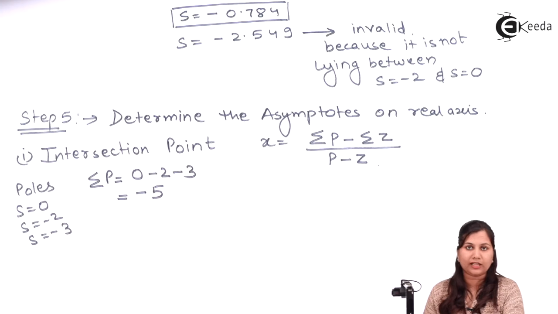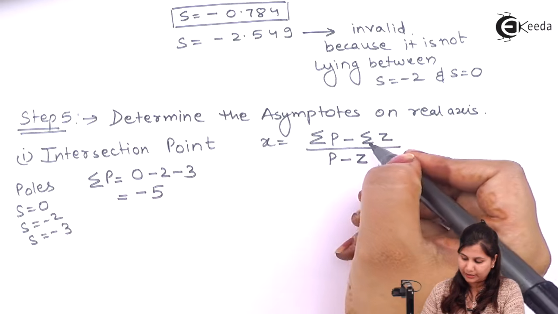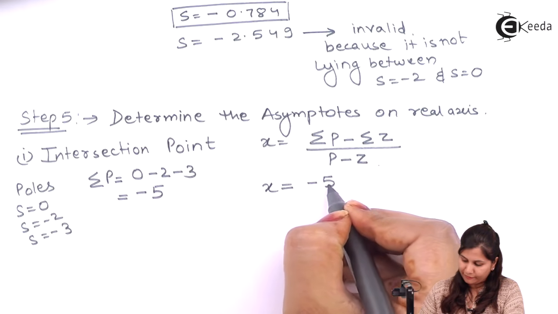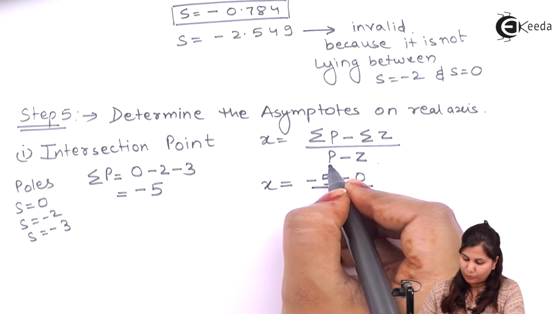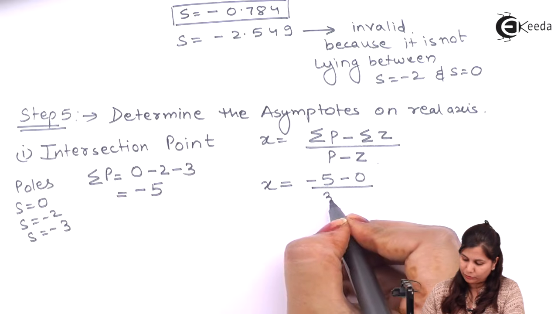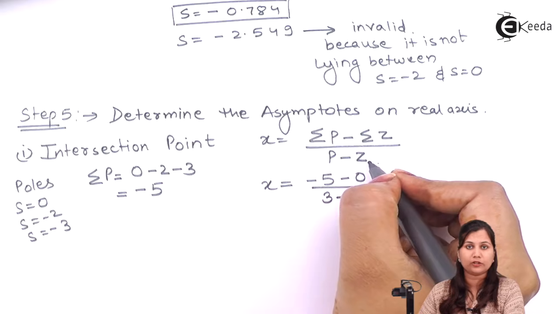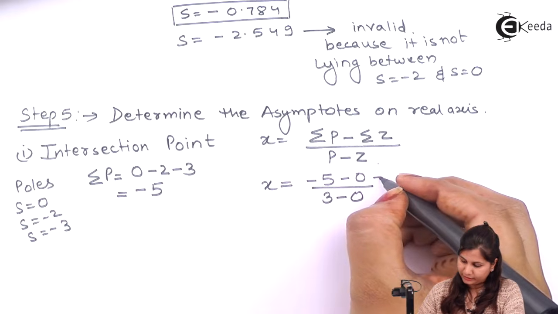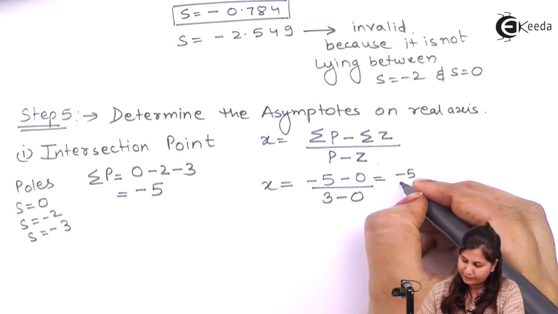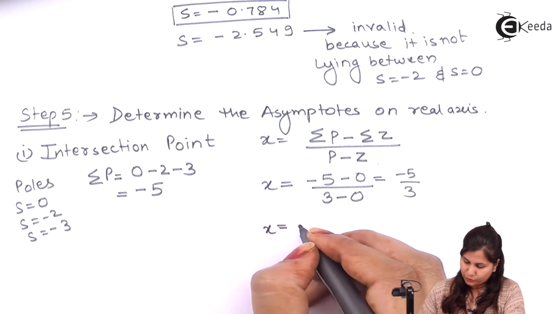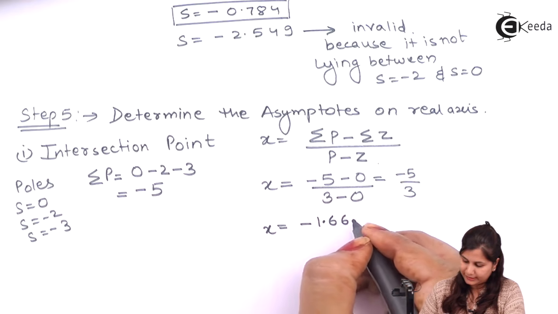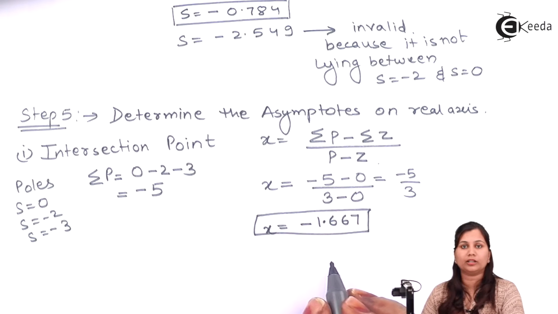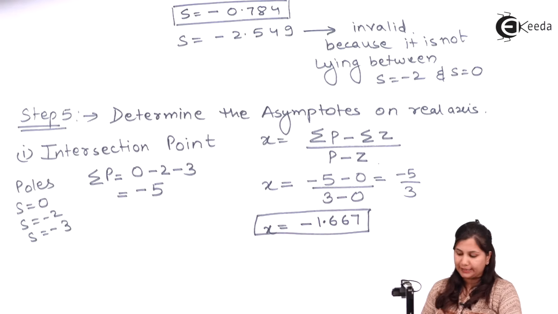And zeros, because we are not having any zero, its summation will be 0. So it is minus 5 minus 0. Number of poles is 3, so p equals 3, and number of zeros is 0. So we are getting the value as minus 5 by 3, or x equals minus 1.667. So it is the intersection point of the asymptotes with the real axis.